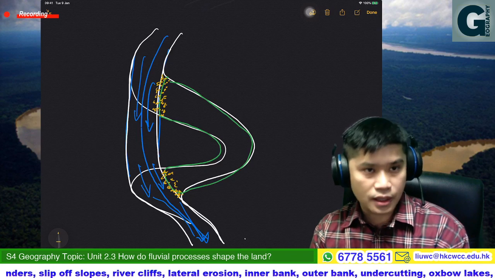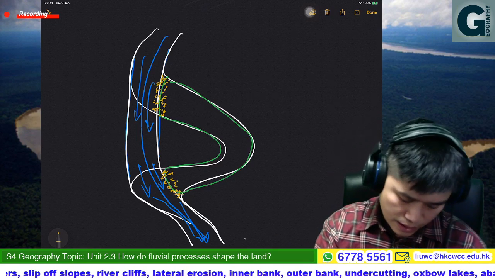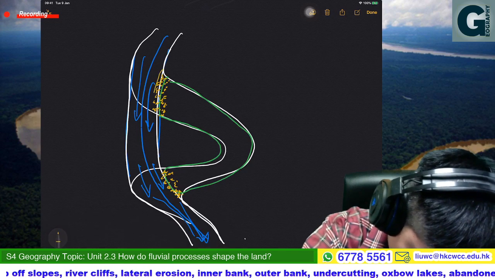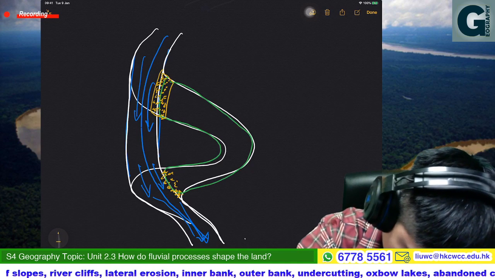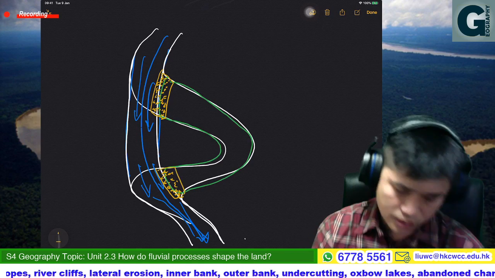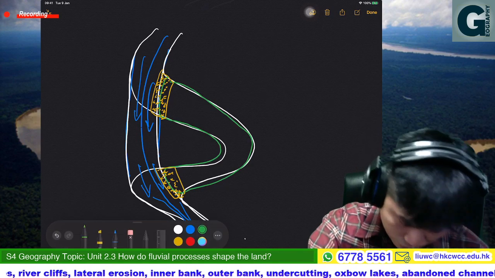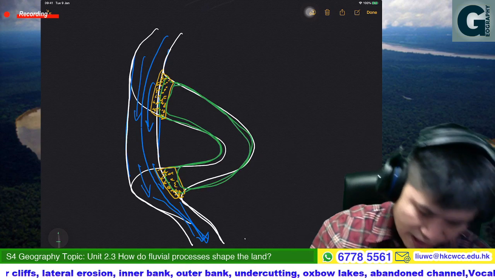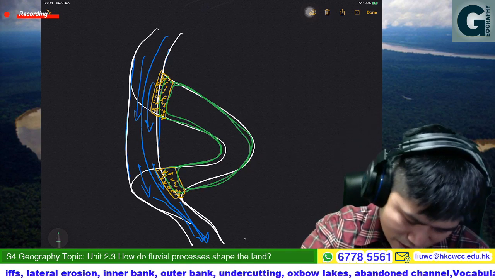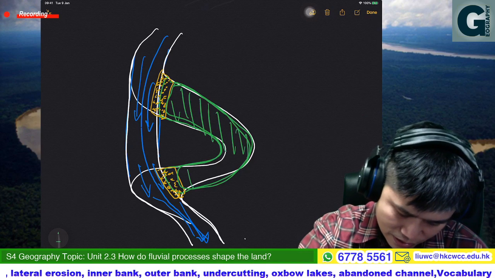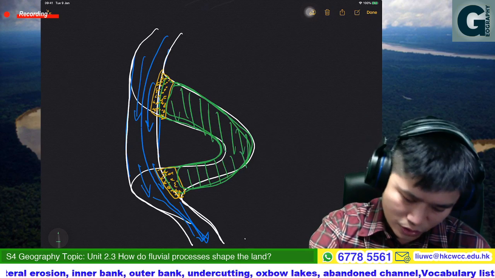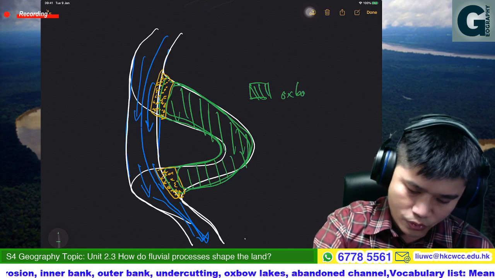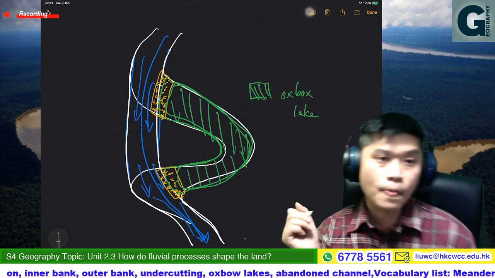there may be deposition. Then it will block this abandoned channel. Then for the new lake, the new feature here, that is what we call the Oxbow Lake.